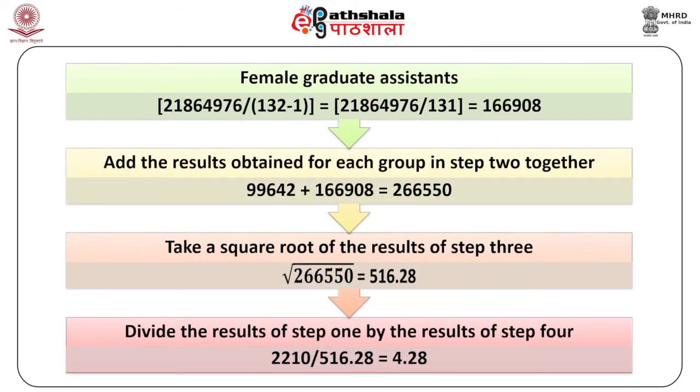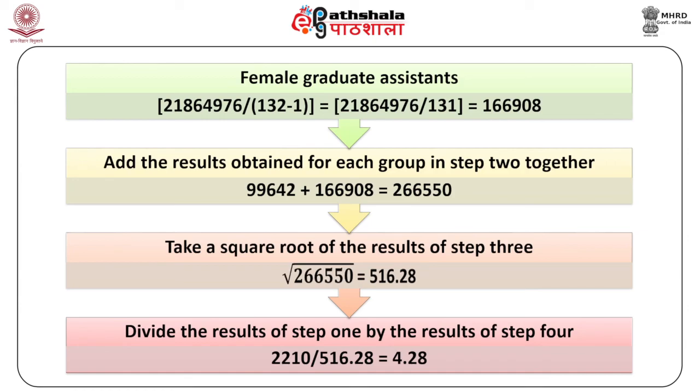For female graduate assistants, we have 21864976 divided by 132 minus 1, which comes out to be 166908. Now, adding the results obtained for each group in step 2 together, we have 99642 plus 166908 equals 266550.